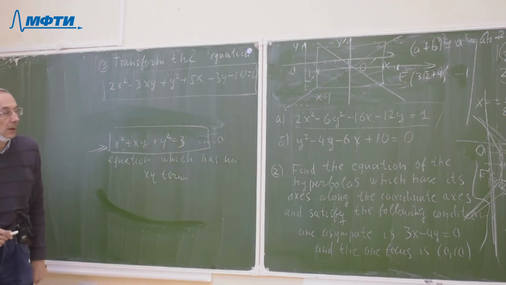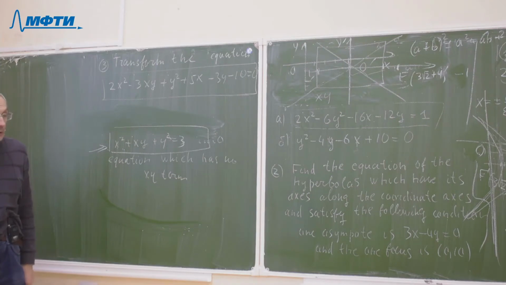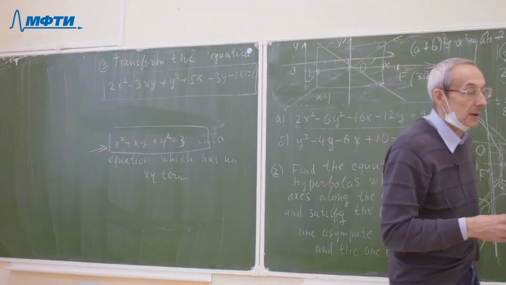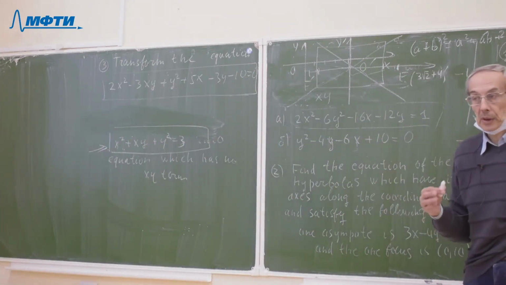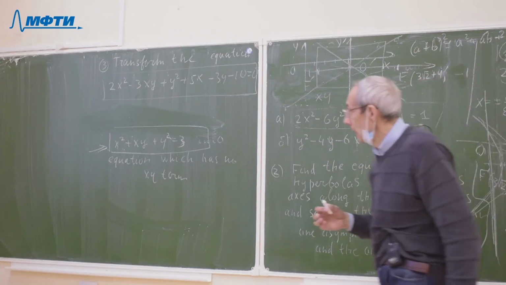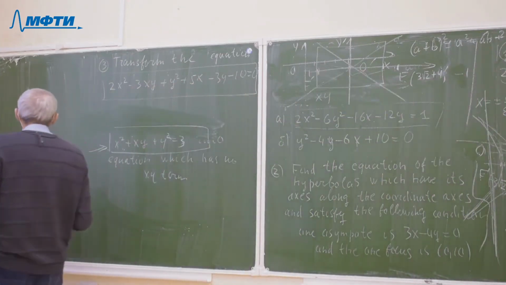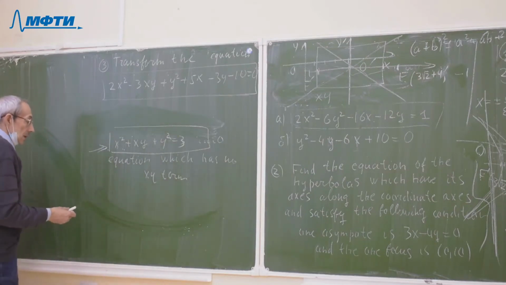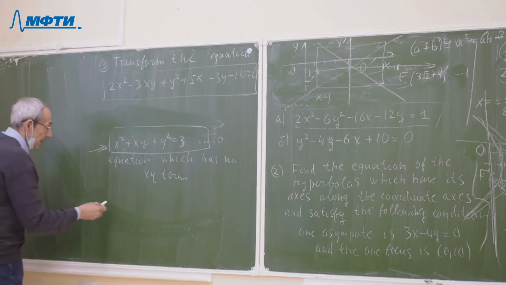I recall what rotation means and how to describe the rotation of the coordinate system. The main formula, which was obtained in the first lecture, is the following.